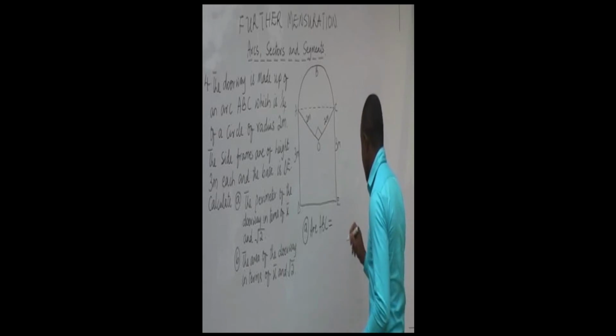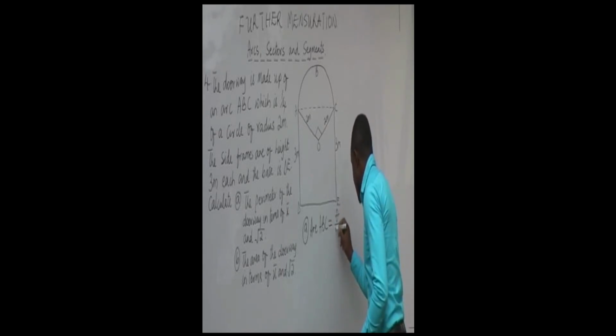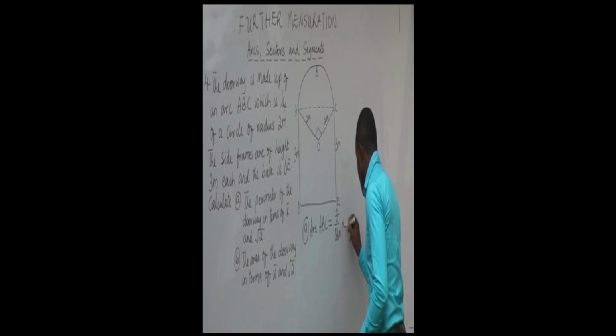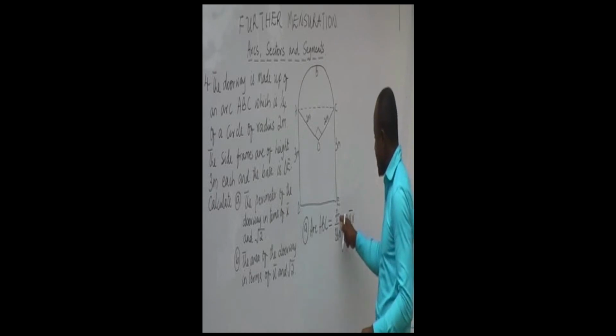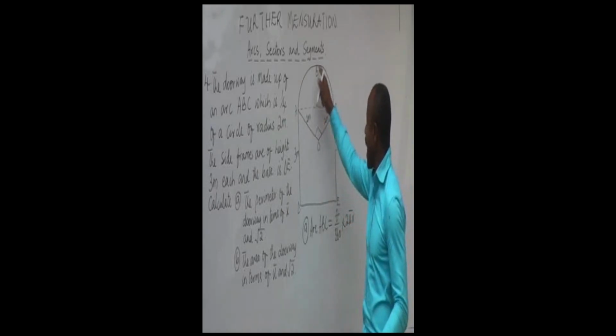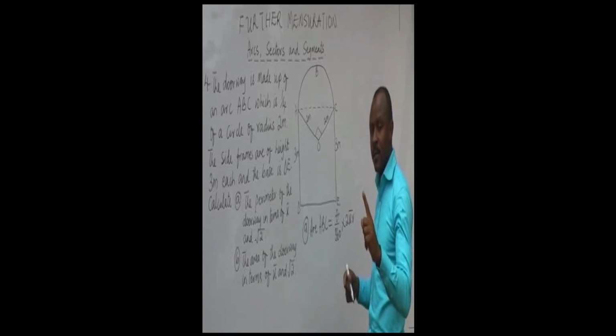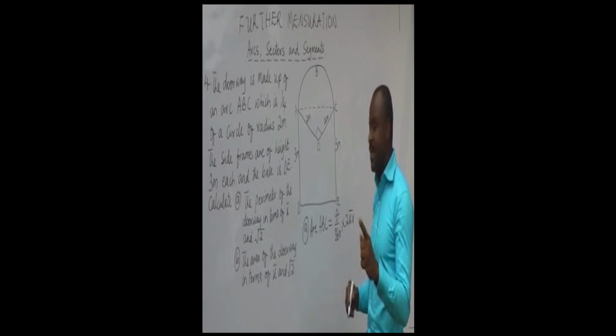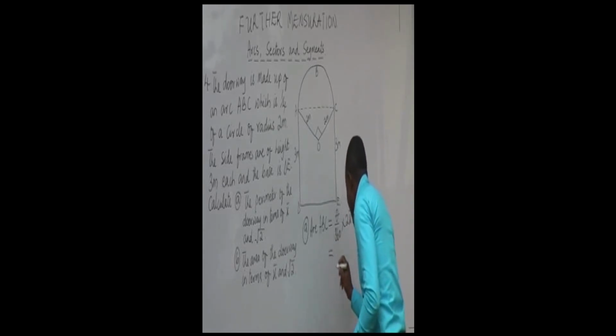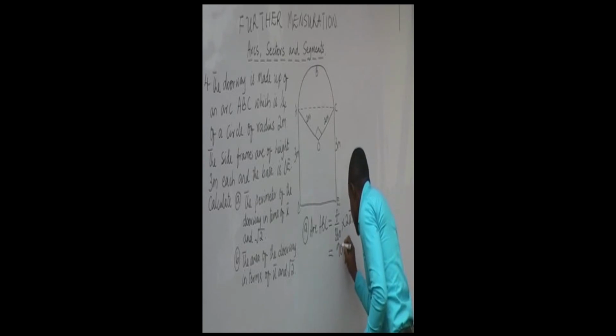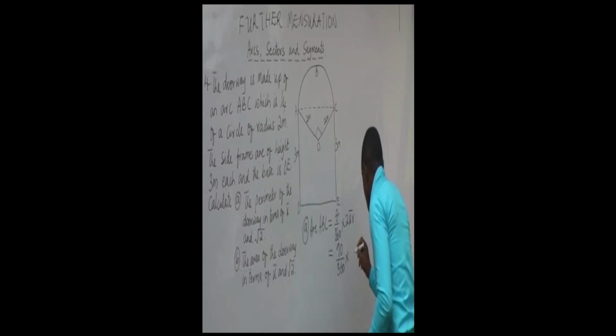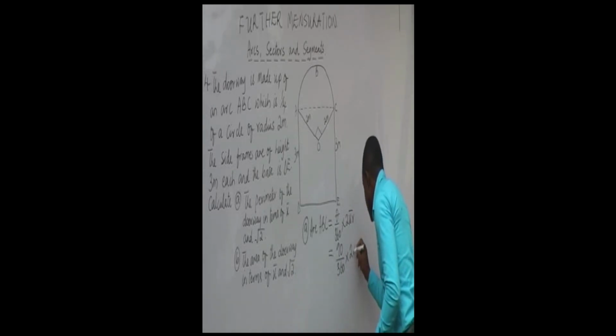will be calculated by, you know, the formula theta over 360 times 2 pi r. This theta is 90 degrees because the arc is 1/4 of a circle. The angle of the circle is 360. 1/4 of 360 is 90. That means our arc is going to be 90 all over 360 times 2 times pi times r.